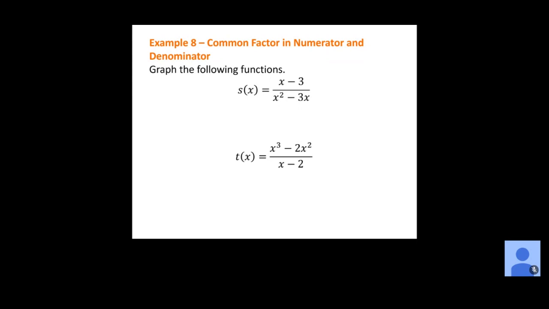Now, what was the first thing we said we always want to do if we're looking for the domain and range and the vertical and horizontal asymptotes? So what's our first step to be able to find those asymptotes?